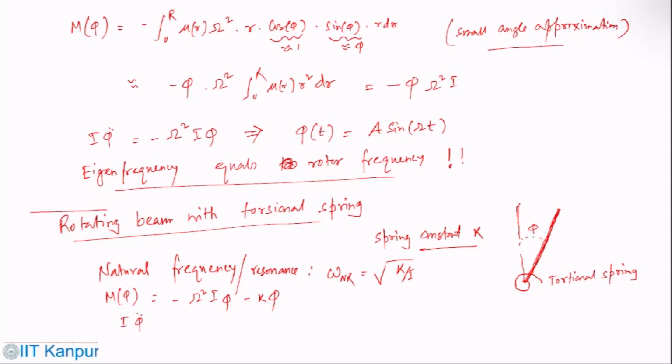I phi double dot is minus omega square I phi minus k phi, and then what we have is omega R square equals omega NR square plus omega square.